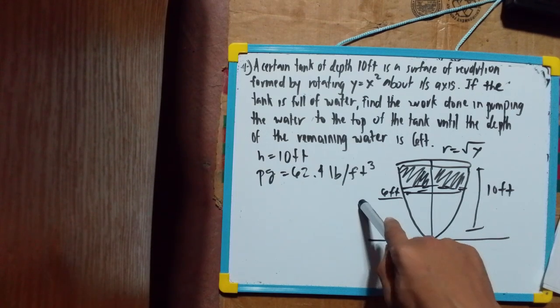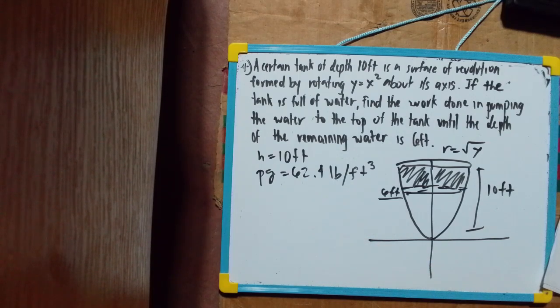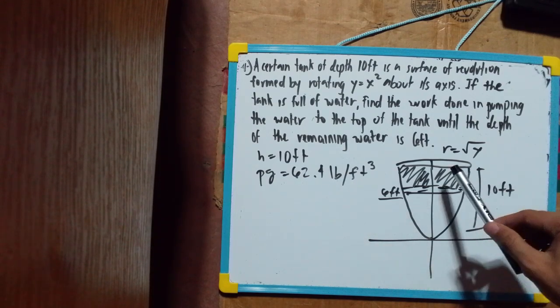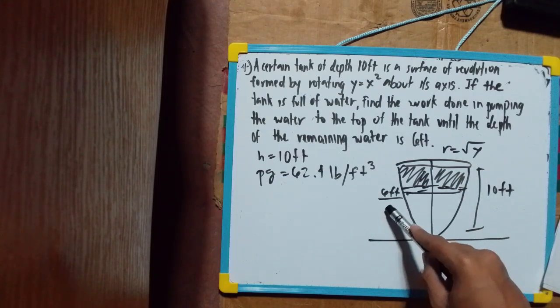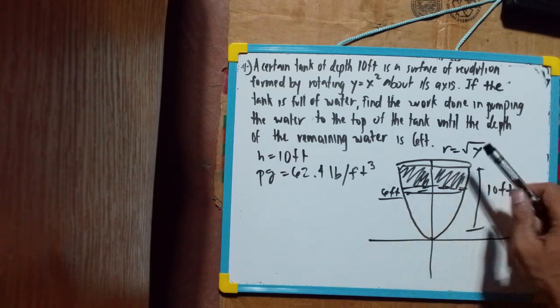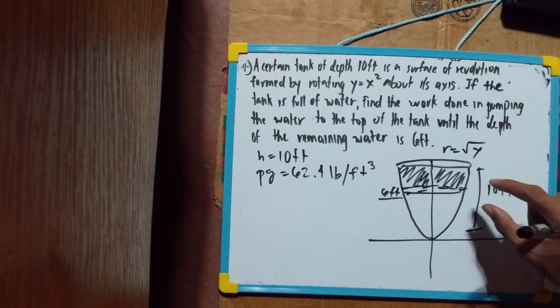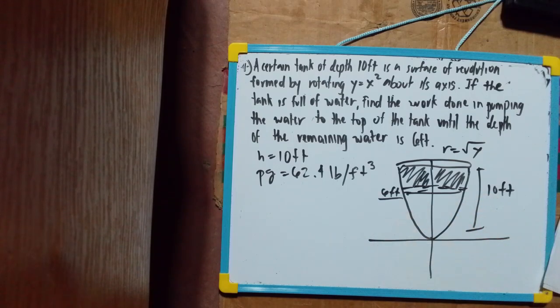The height is 10 feet and the density of water is 62.4 pounds per cubic foot. The radius is square root of y. So imagine this tank is full of water and we're going to pump out until the remaining water is just 6 feet.